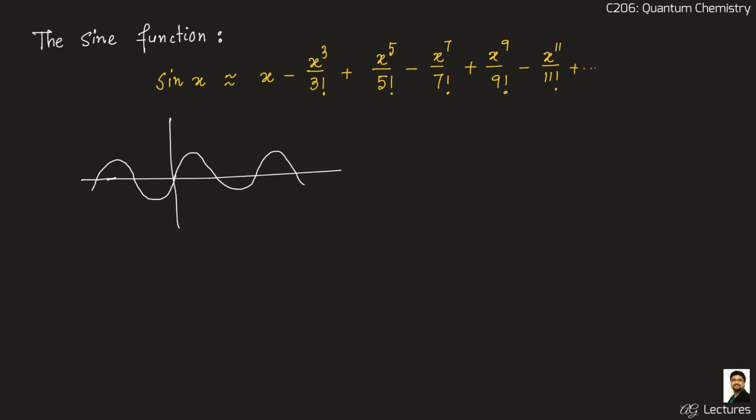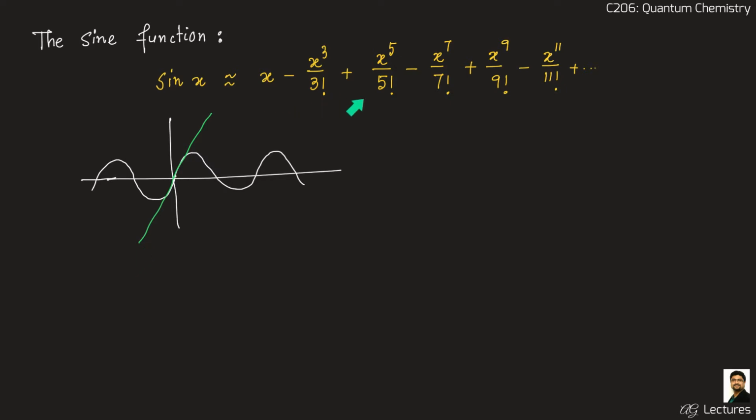But now, if we ignore higher terms and just look at the very first term in this series, this function, if we try to plot it, is not oscillatory at all, but rather something like this. It is definitely an odd function, like sine x is an odd function.